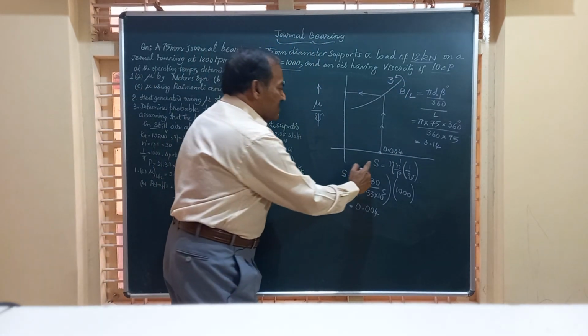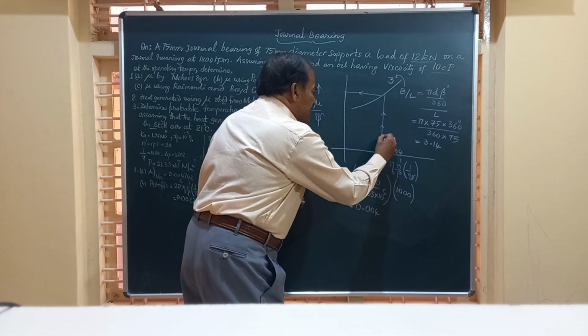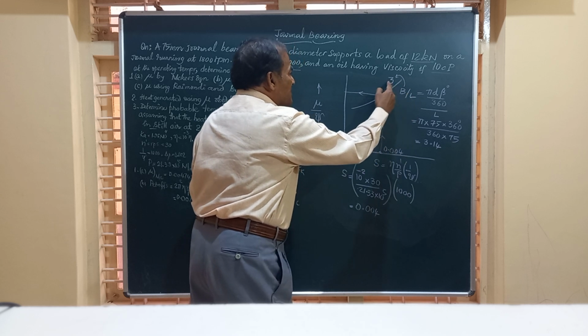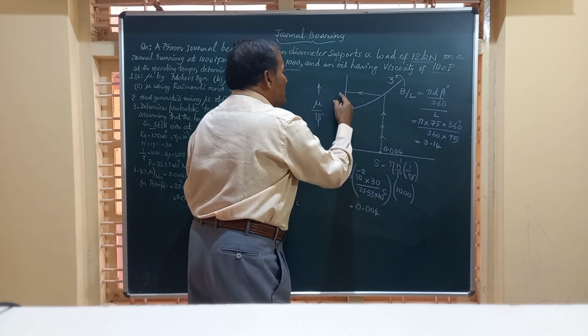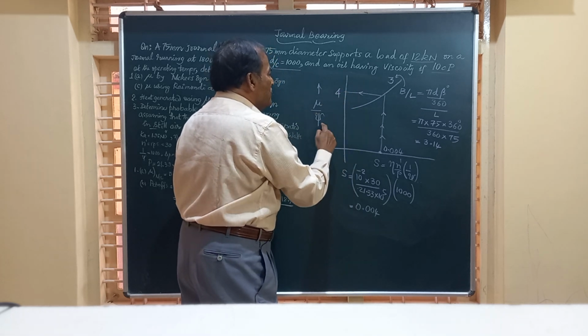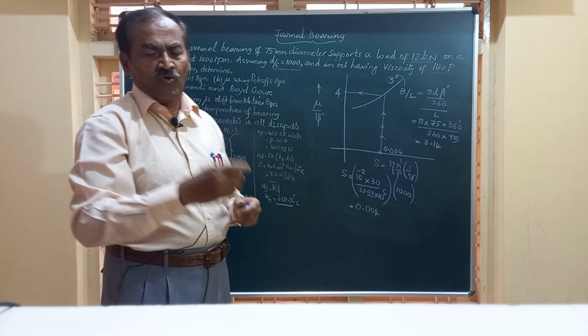Now, we have calculated S, and we erect a vertical line passing through that till it touches B by L equal to 3, and get the value of mu by psi. And friends, this value of mu by psi works out as 4.